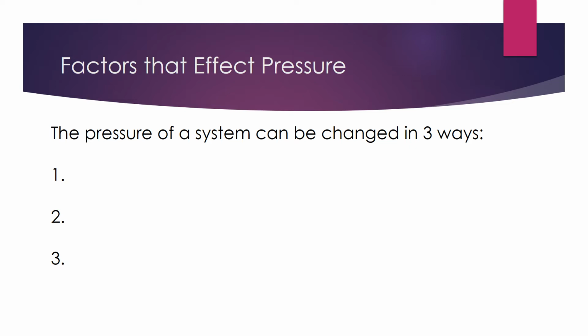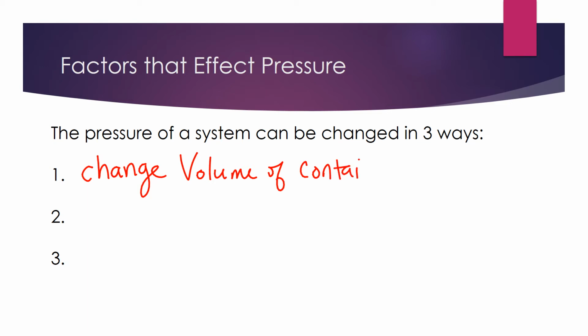There are 3 factors that can affect the pressure of a system, and there are 3 ways we can change it. First, we can change the volume of the container that the gas is in. The other thing we could do is change the temperature of the sample.